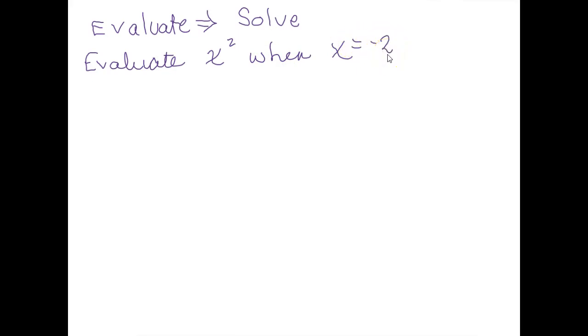So basically what we're being told to do is replace the x with the -2. We're gonna put the -2 in place of the x. So here we're gonna have instead of x squared, we're gonna have -2, that quantity squared. Well, -2 times -2 is going to get me a +4. So my answer here is 4.